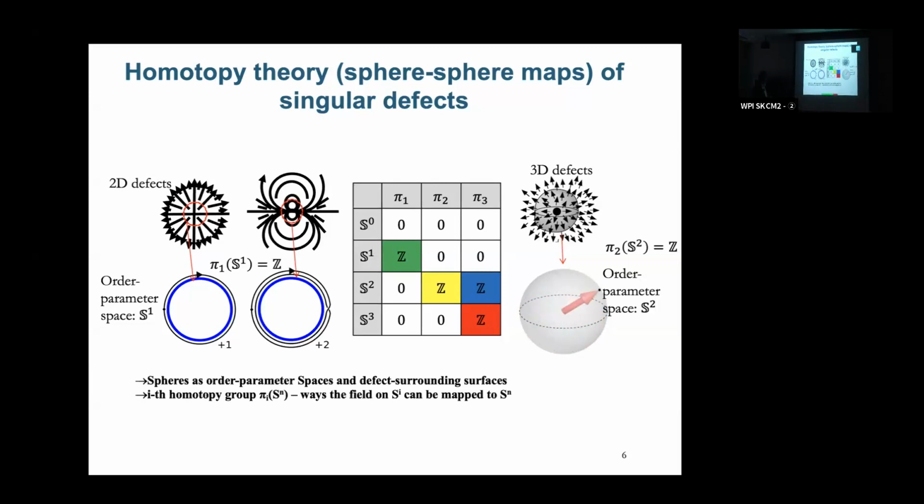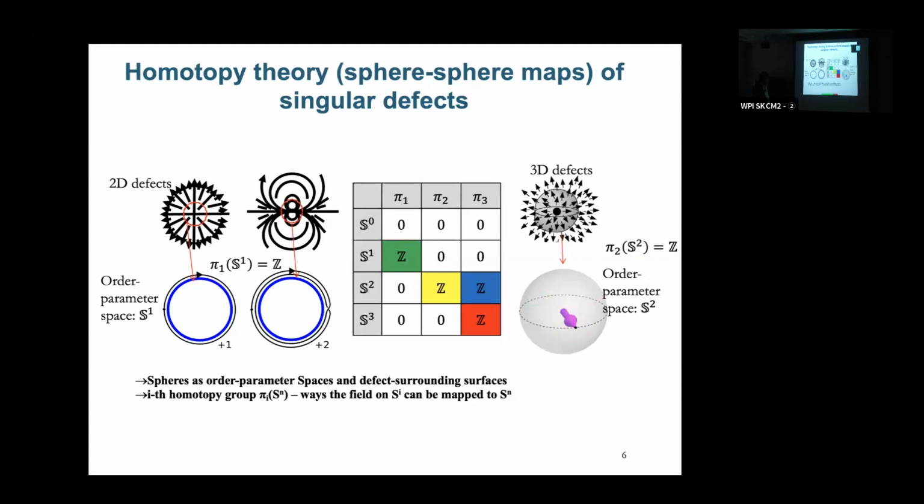Following this example I gave you, when you see such a table, pi1 or say S1, that means you are mapping from one type of I-dimensional sphere to another I-dimensional sphere. In this example, I and N are both equal to 1.